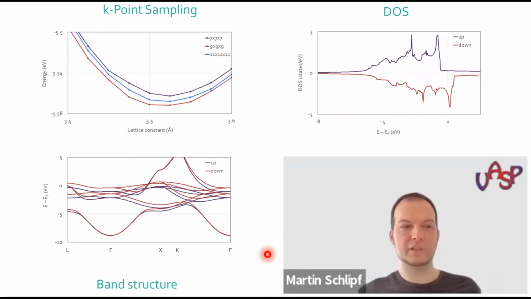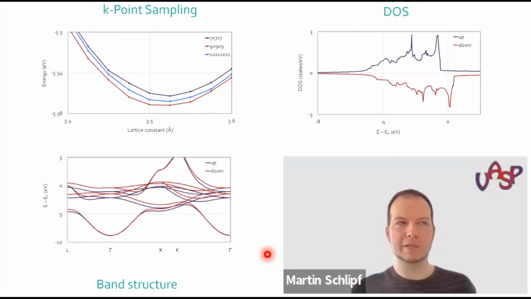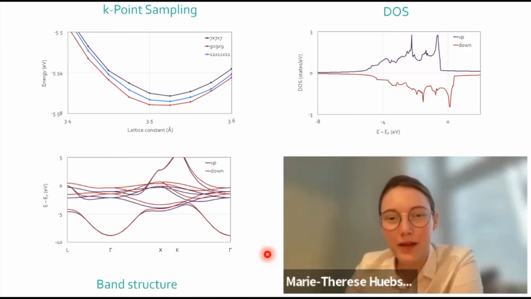If you choose an even numbered mesh, then you will see this off-centering of the cell, which can then lead to symmetry breaking. So in terms of robustness, using odd meshes or gamma centered meshes is perhaps a bit more robust in terms of high throughput calculations.